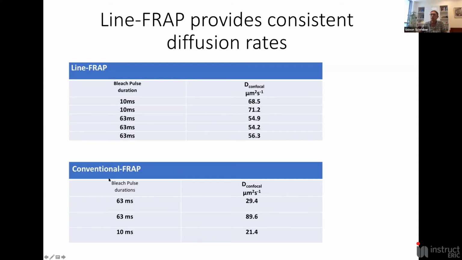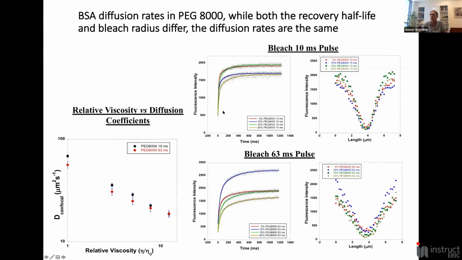While if you look at conventional FRAP, we can see that the values are all over the place, anywhere between 90 micrometers squared second minus 1 and 20 micrometers squared second minus 1. So this is a huge difference in the diffusion rate constants that we get here for the same BSA molecule, which really shows the power of the Line-FRAP in this kind of measurement.